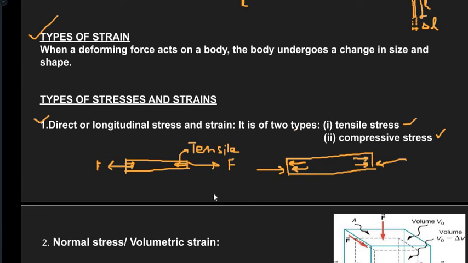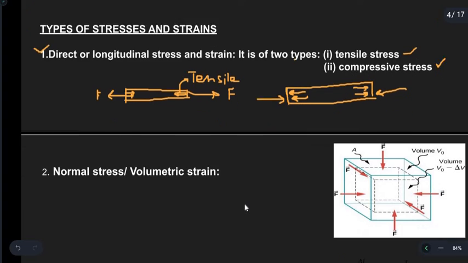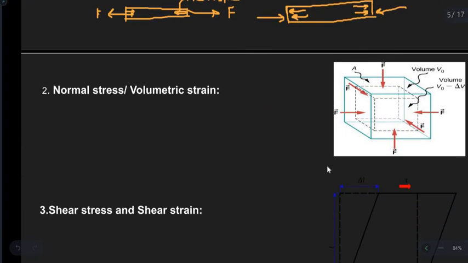Next we will come to normal stress and volumetric strain. You can refer to this figure, the blue colored figure. This is your original cube. When you apply force normally to the surface, it shrinks and the volume reduces.